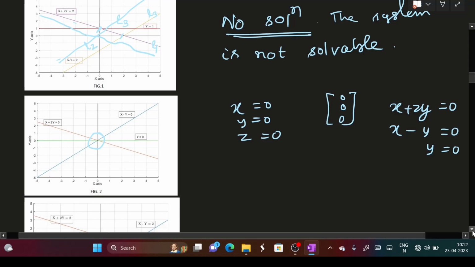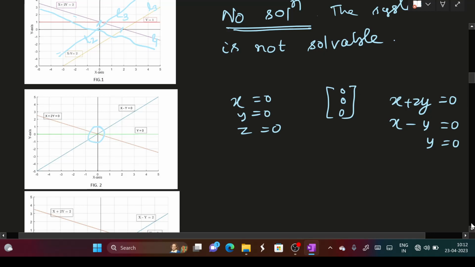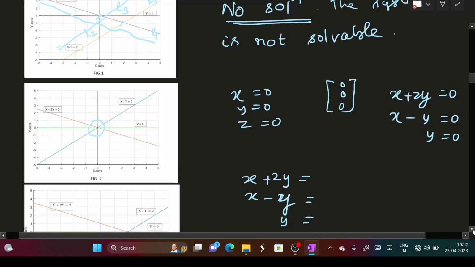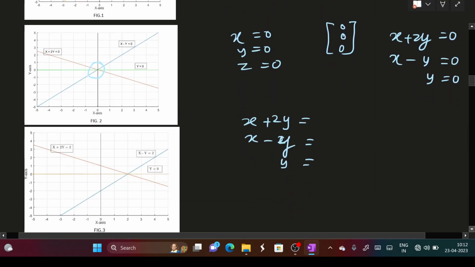The next question is whether it is possible to have x plus 2y equal to something, x minus y equal to something, and y equal to something. Can I make the right hand side some non-zero choice to get a solution? Yes.